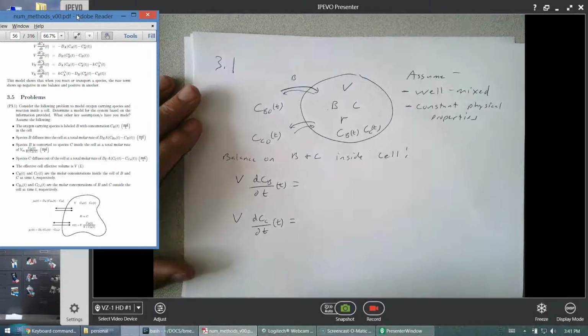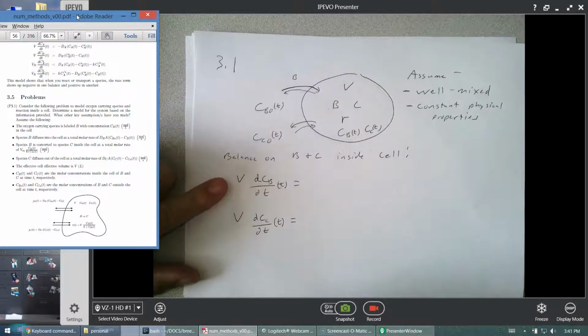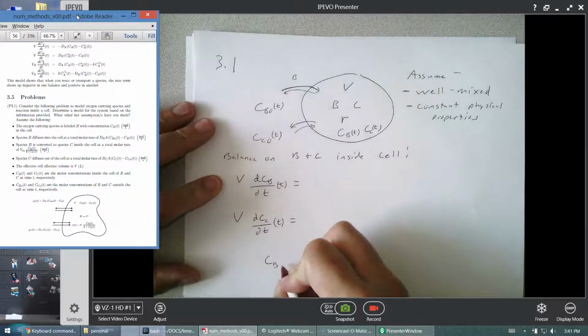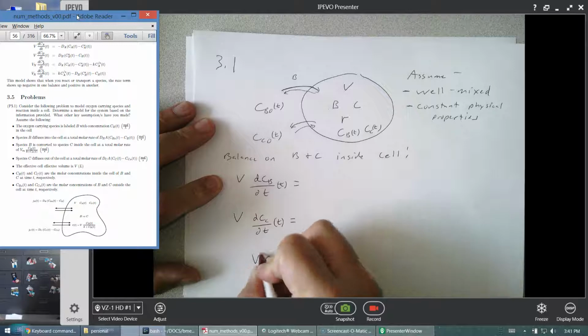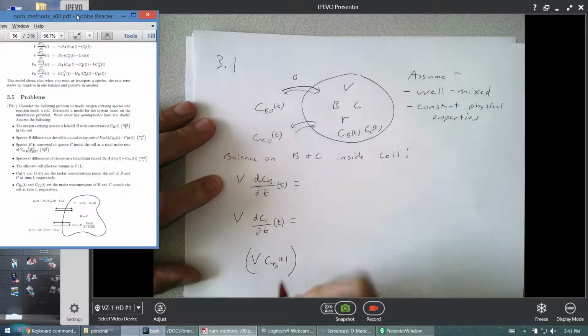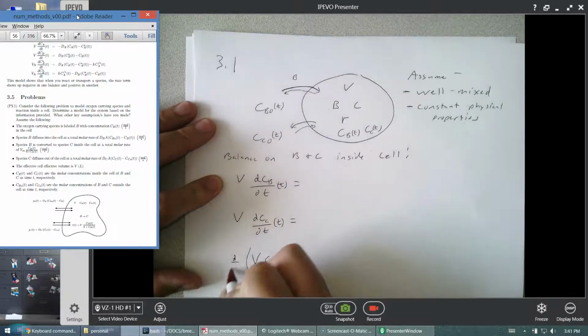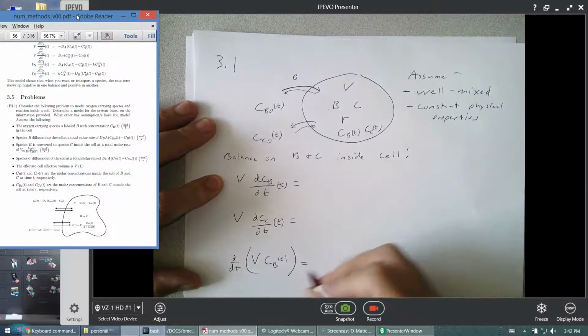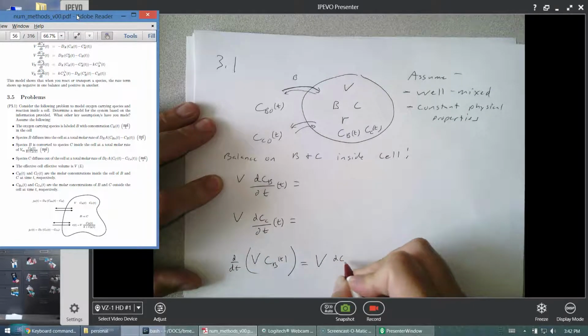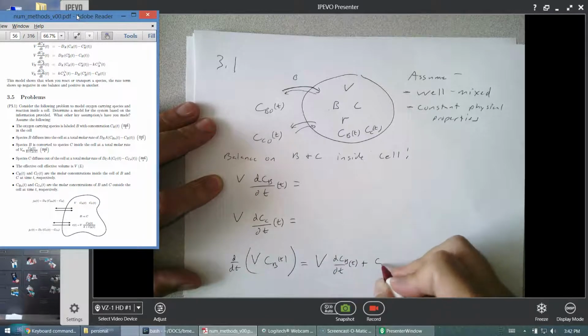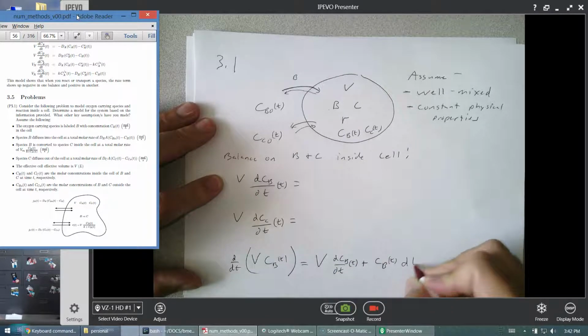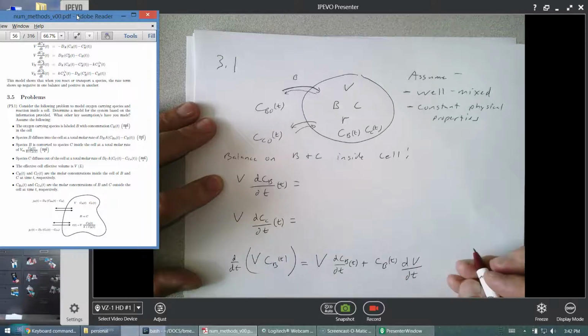And that comes from looking at the total amount of B and C inside the cell. If you remember, we can do the concentration of B times volume. That's the total number of moles inside the cell. If we take a time derivative of that, you end up getting V dC_B dt plus C_B dV dt.